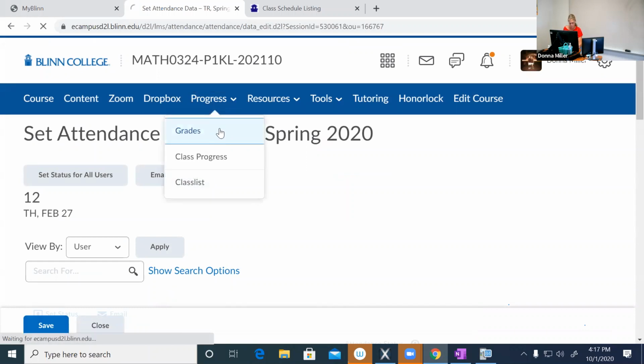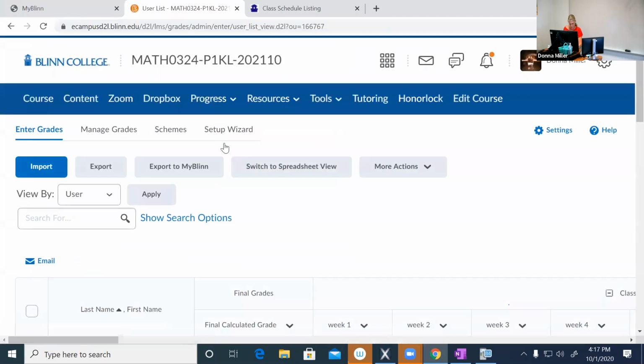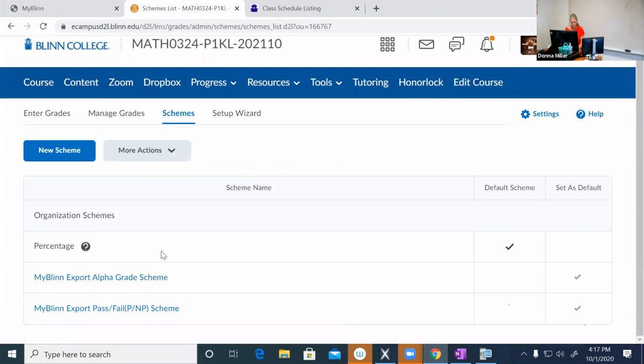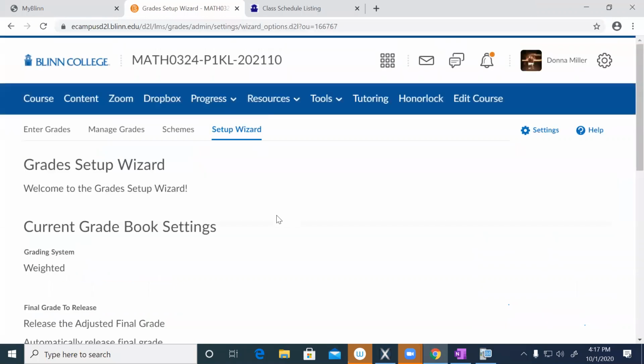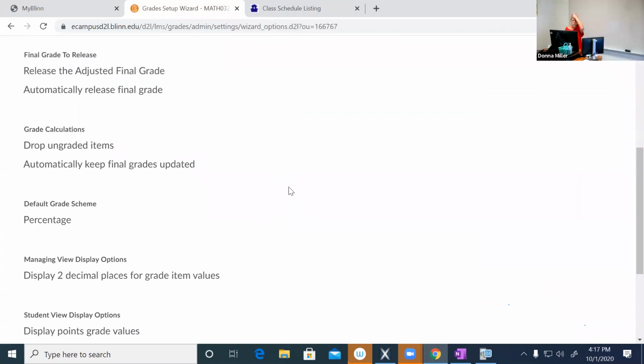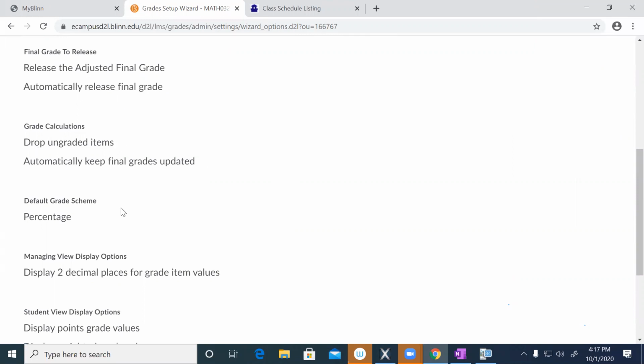So grades, right? I have it set to percentage now. They don't give us an overall percentage. It gives us our participation, the actual grade, but not the grade for the class. Set to release adjusted final grade. Release the final grade. Drop the grade item, which I guess was an automatic final grade adjustment.